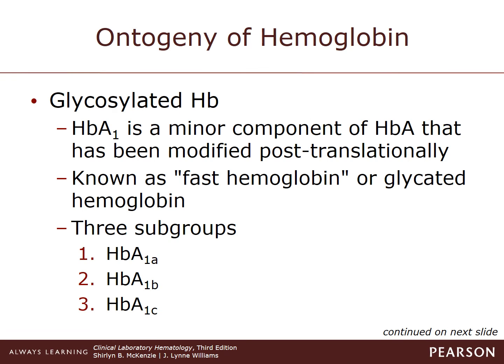Glycosylated hemoglobin, hemoglobin A1, is a minor component of A that can be post-translationally modified, which is known as fast hemoglobin or glycosylated hemoglobin.